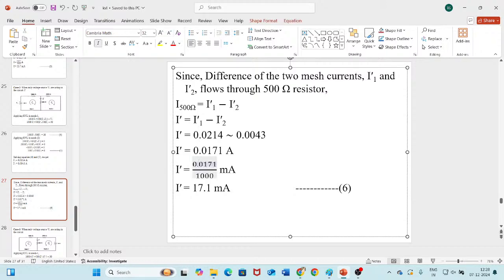Here I should not write this point and I should not write M here. I have removed this point and written 1000 here, and in the denominator you just write milli here. So 17.1 milliamperes. So I dash is 17.1 milliamperes.